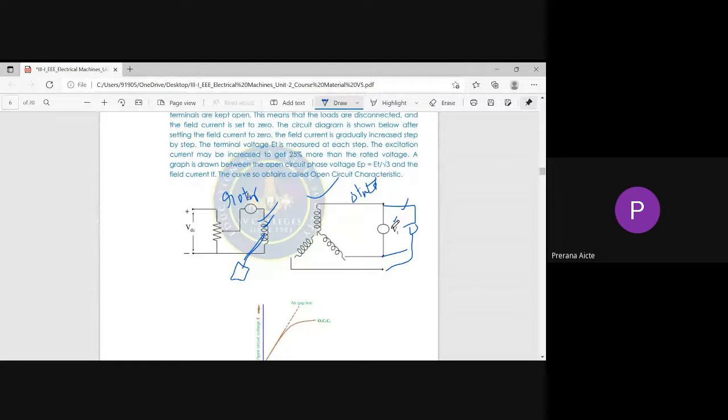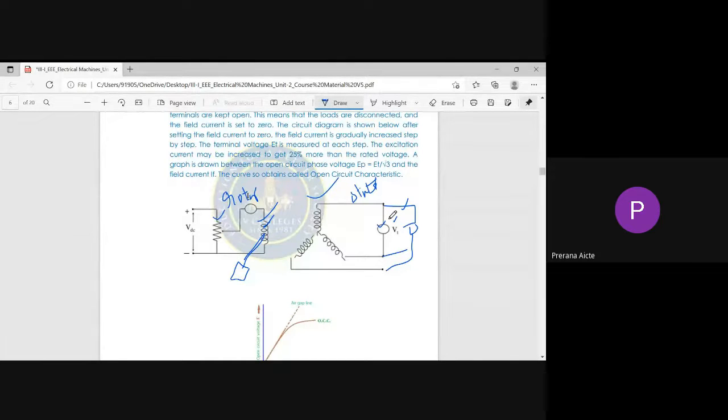Initially, first of all, we run the generator at rated speed using the prime mover input. Then by adjusting the DC supply to the field winding, we produce the rated voltage across its armature terminals. When the load reaches the rated condition, the voltmeter reads the rated voltage.